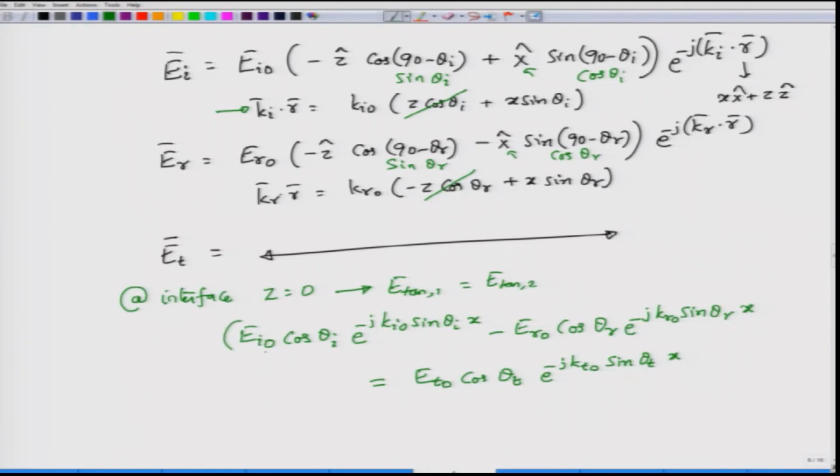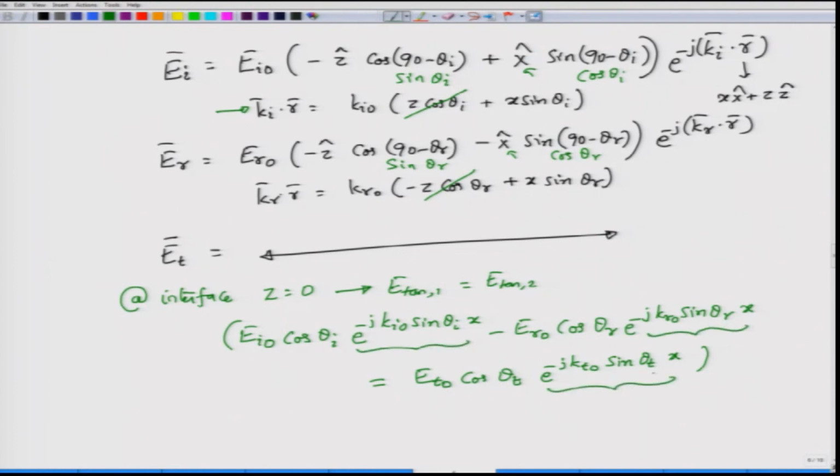Notice this expression, which you can contrast with the reflection from the perfect electric conductor, where we considered the normal case; there we did not have any phase term which was dependent on x. Here you have all three terms depending on x as well. So, E_i0 cos theta i, E_r0 cos theta r, E_t0 cos theta t can be considered constants given theta i, theta r and theta t, but these phase terms are functions of x.